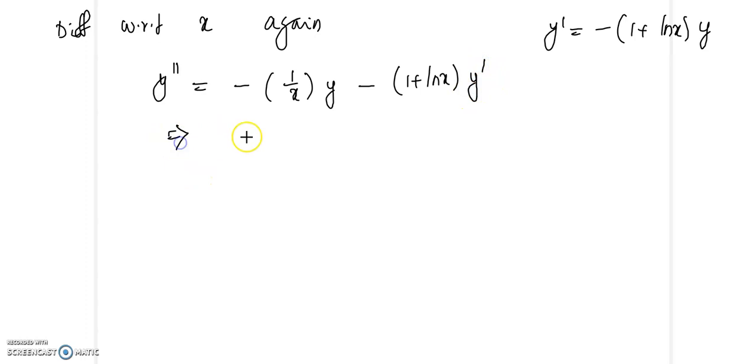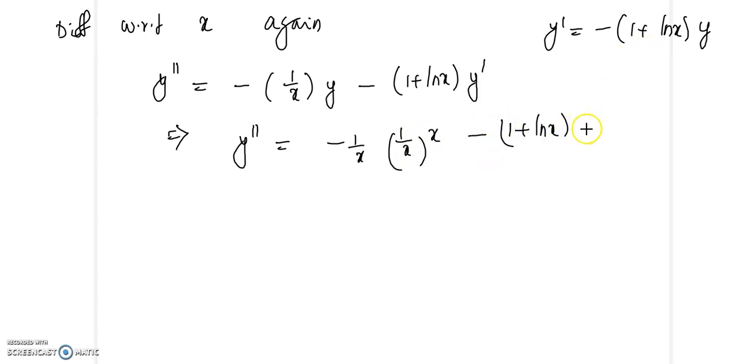So y double dash is equal to minus 1 by x into, substituting y, that is (1 by x) raised to x, minus (1 plus ln x) into y dash, the value again being minus (1 plus ln x) into y, and this whole square into (1 by x) whole power x.